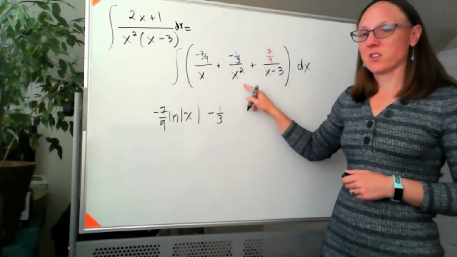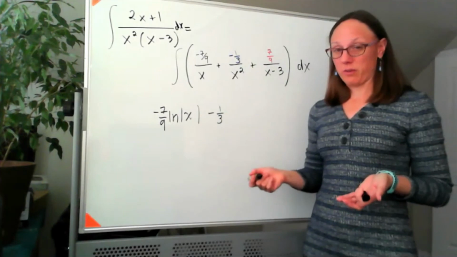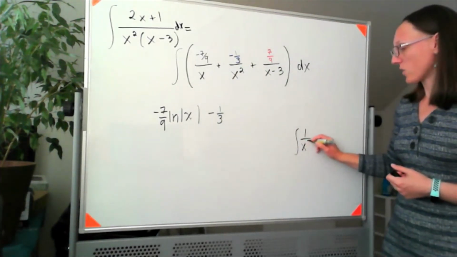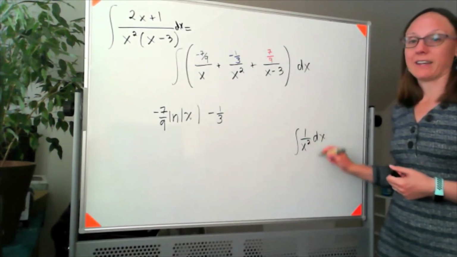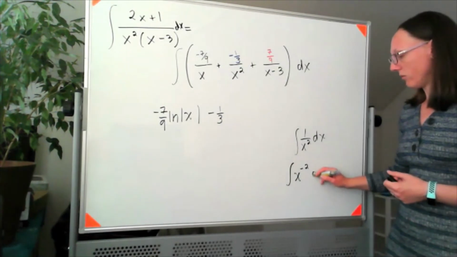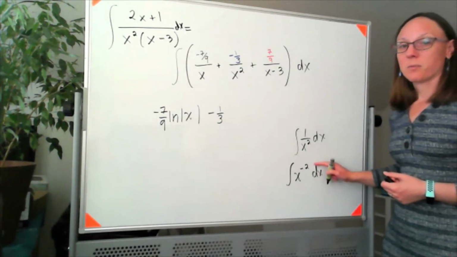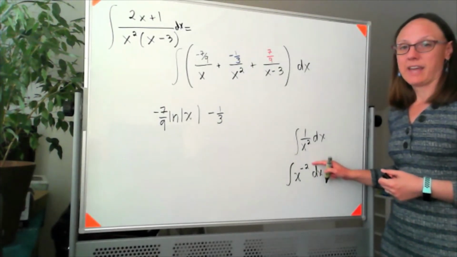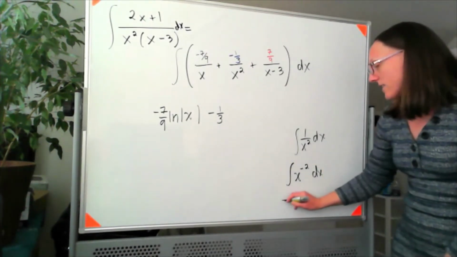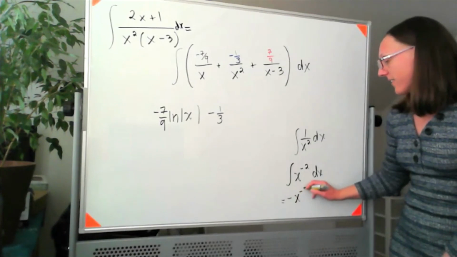And 1 over x squared, that's not the derivative of natural log. I have the integral of 1 over x squared. Thinking about our antiderivative skills, that's the same as x to the negative 2. So I'm going to add 1 to the exponent to get x to the negative 1, and then divide by the new exponent. So this is going to be negative x to the negative 1.